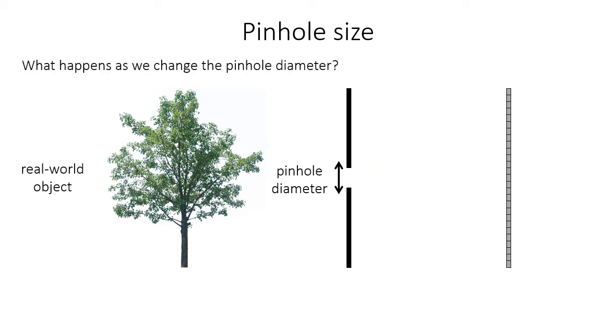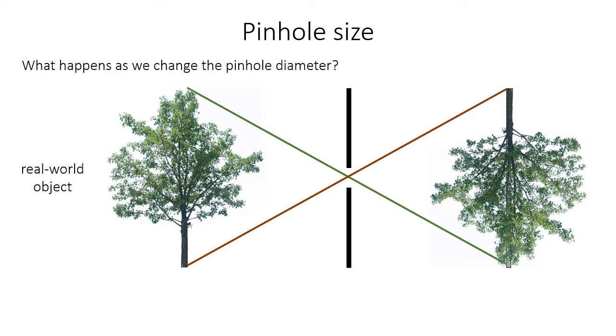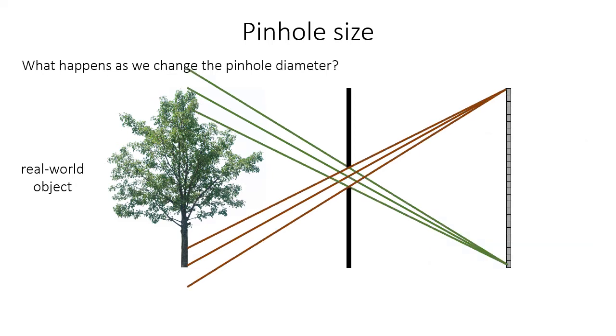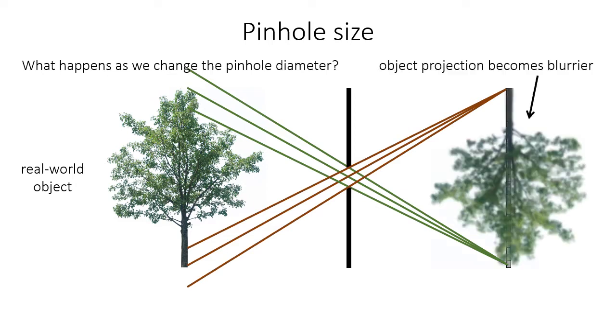So what happens as we change the pinhole diameter, as shown here? Okay, with the small pinhole size, we have these images, but with a larger pinhole, other rays go through as well. Then the image becomes blurred.